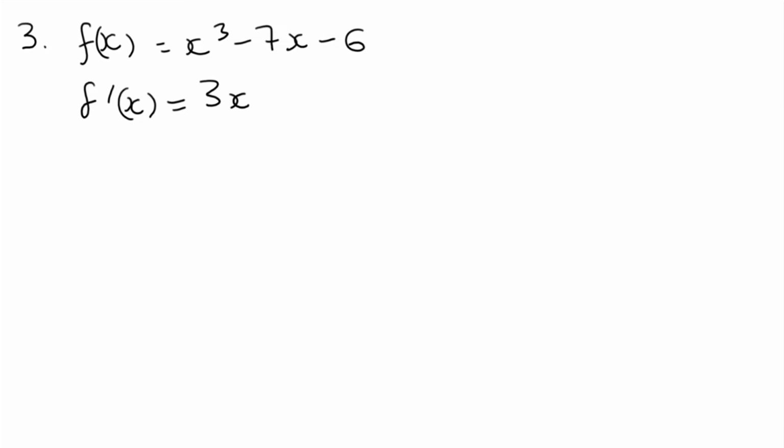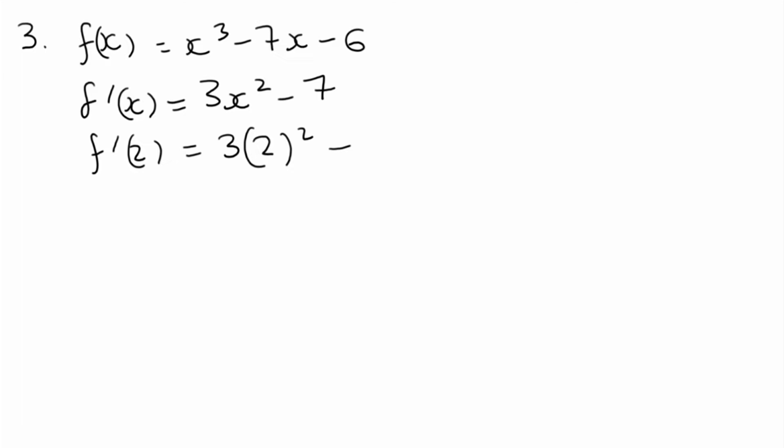Question 3. We have f of x equals x cubed minus 7x minus 6, and we're asked if it's increasing or decreasing when x equals 2. So all you do is differentiate and substitute in your 2. If it's positive, it'll be increasing, and if it's negative, it'll be decreasing.